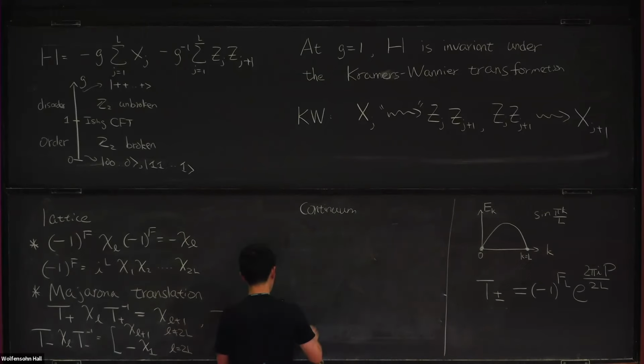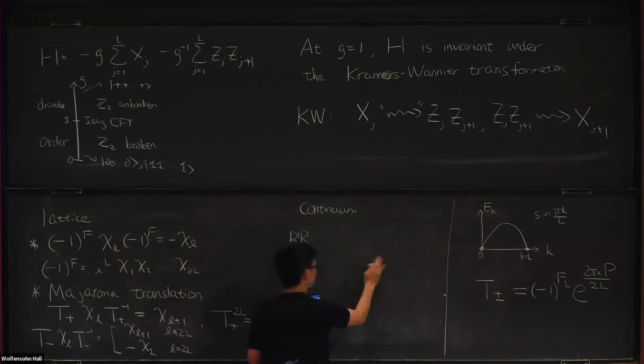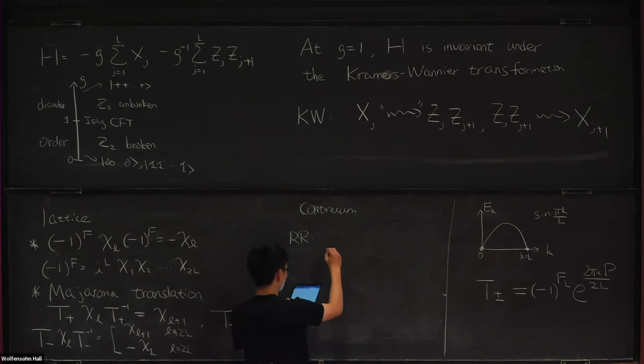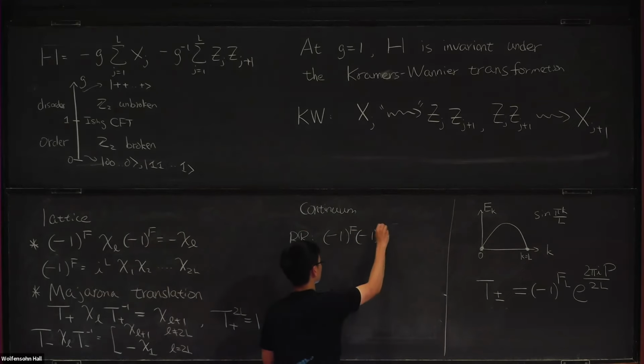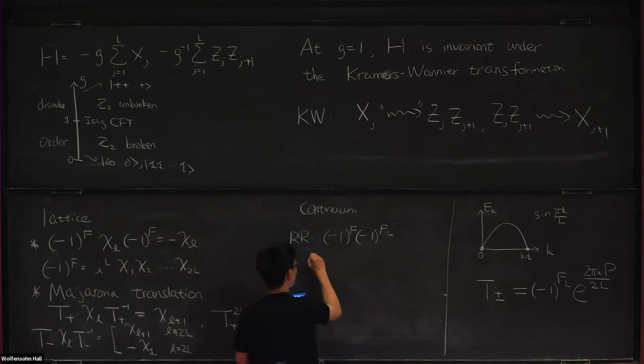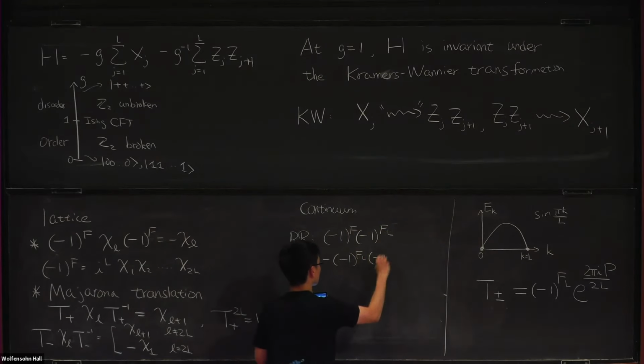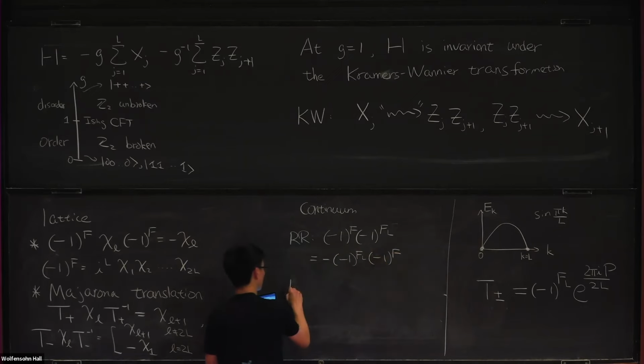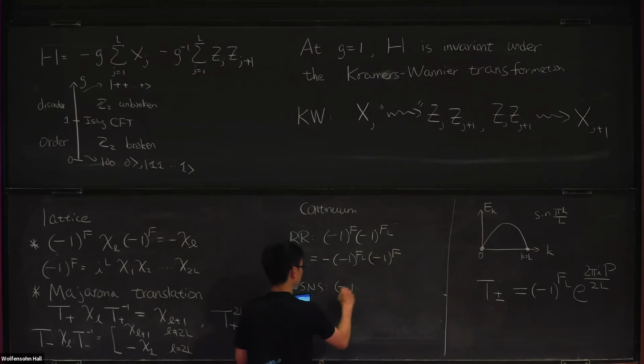In the continuum field theory, if you are in the Ramond sector, the canonical quantization of the free field theory shows that (-1)^F and (-1)^F left anti-commute. Whereas in the NS-NS sector, in the anti-periodic sector, they commute.